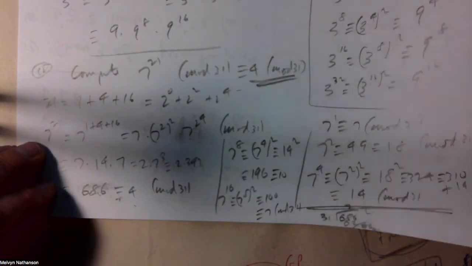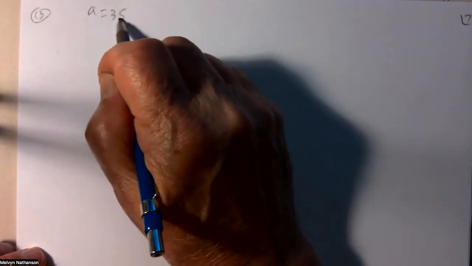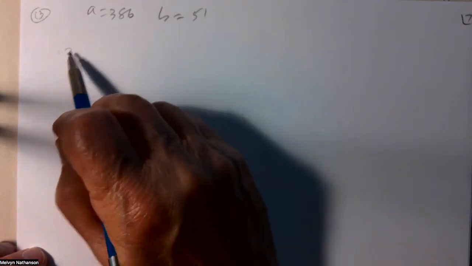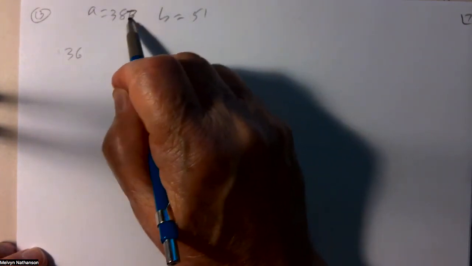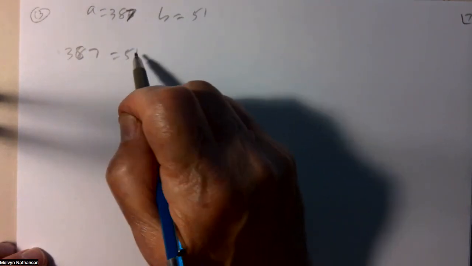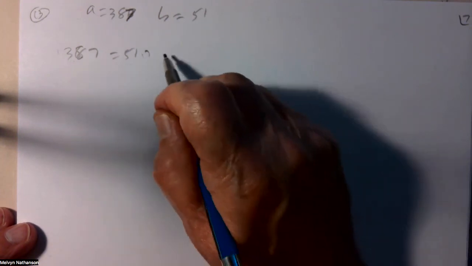Okay. Problem 13 is the Euclidean algorithm applied to the numbers A equal 387 and B equal to 51. If you take 387 and divide it by 51, you get a quotient, I think, of 7. So 7 times 51 is 357.